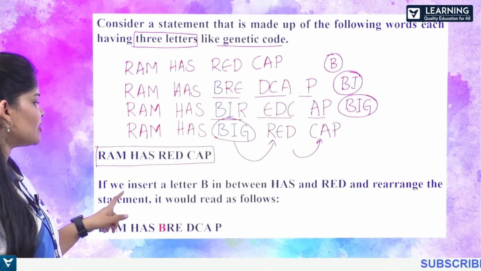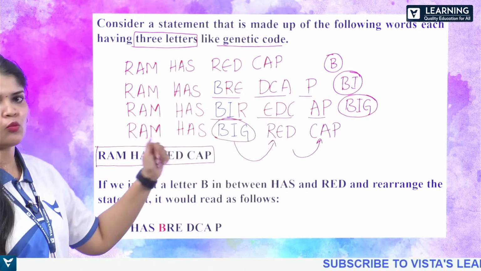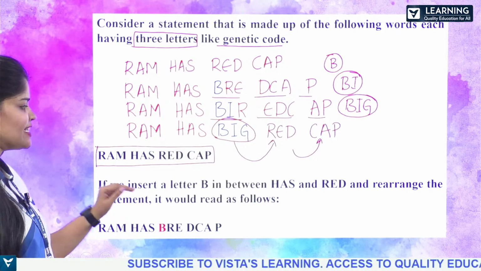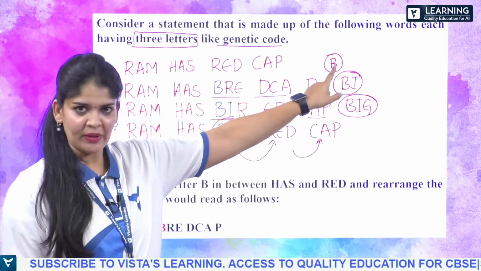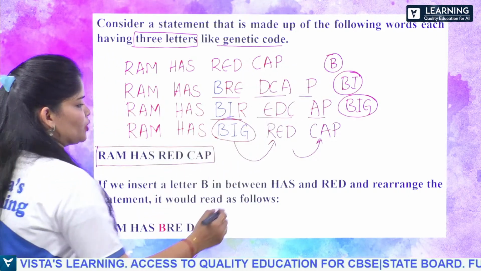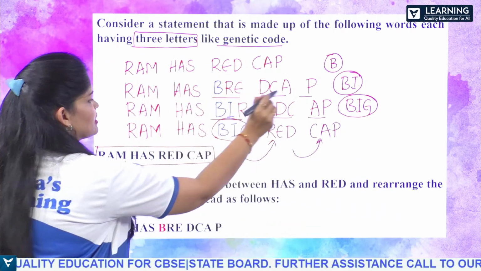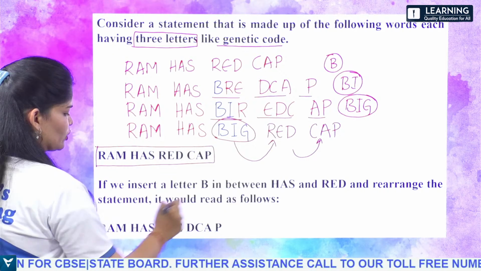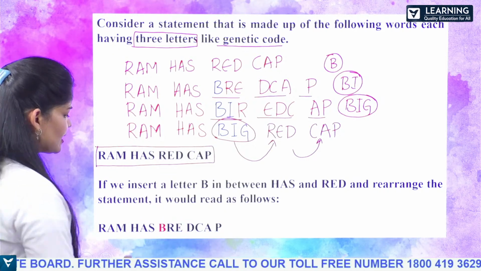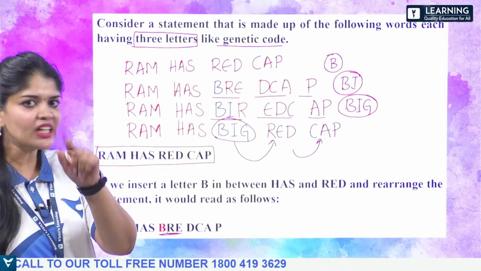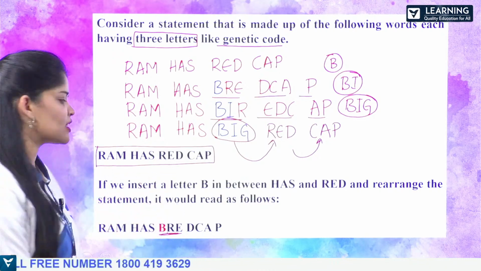Now, when we insert, the exercise that we did, the same thing here. If we insert a letter B, this is what happened here, right? In between HAS and RED, rearrange the statement, it would read like this. Here the thing is, as there is an insertion of one letter, the remaining codons keep on changing.